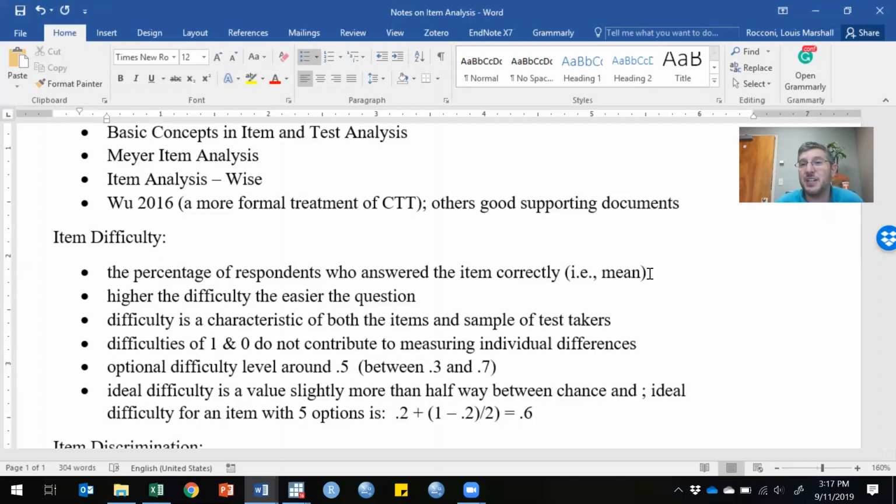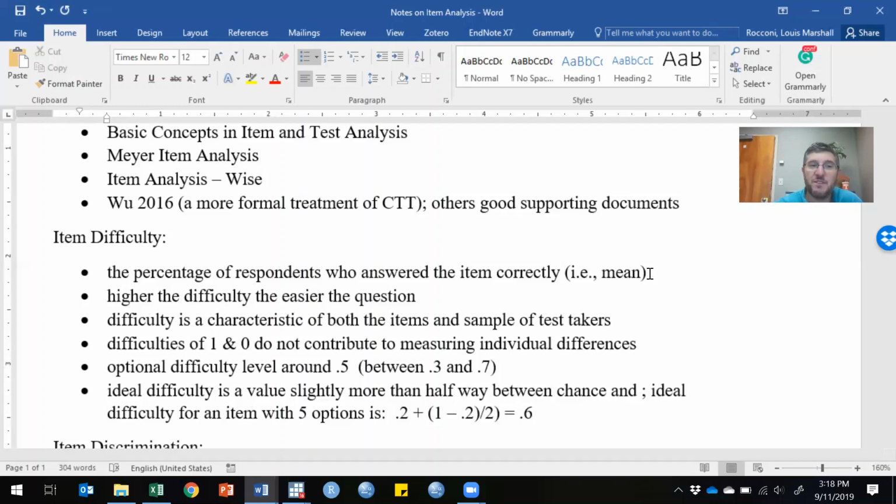But this is really a sample characteristic. If you have an item with a difficulty of 0 or 1, it really doesn't contribute much, because it means everybody either got the question right or everybody got the question wrong.